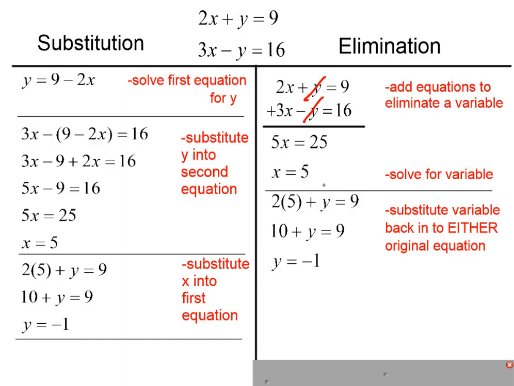After that, I still plug in that 5 into the first equation, just like I did in the substitution strategy. But notice how much shorter the elimination method is, and how much less work it is. Sometimes equations are set up to be better solved by one method or another. So how do you judge which method is going to be easier or shorter?